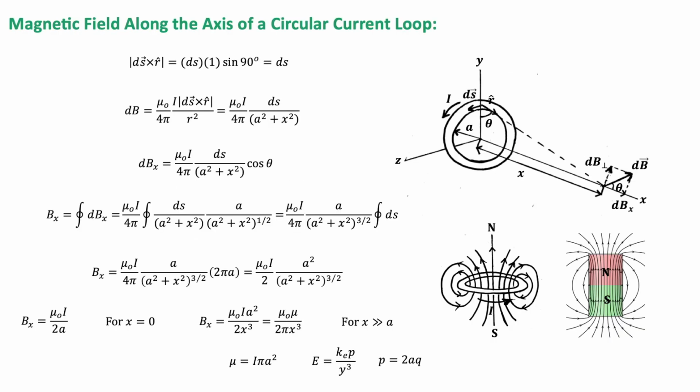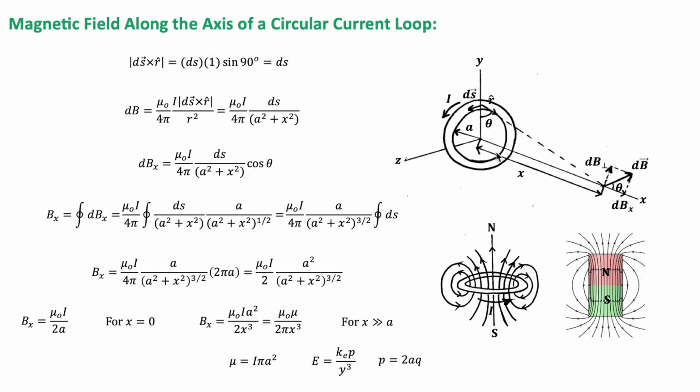So we will now consider the example of using the Biot-Savart law to find the magnetic field of a circular current loop. So consider a loop of radius a that is in the YZ plane and carrying a steady current I. We want to calculate the magnetic field at a point P along the x-axis that passes through the center of the loop, okay?